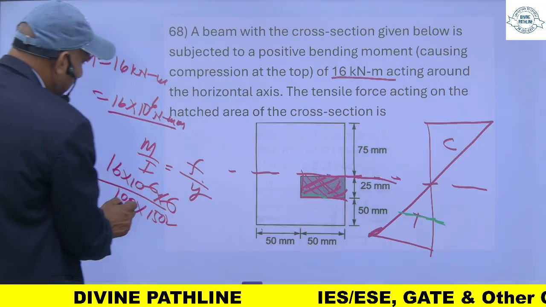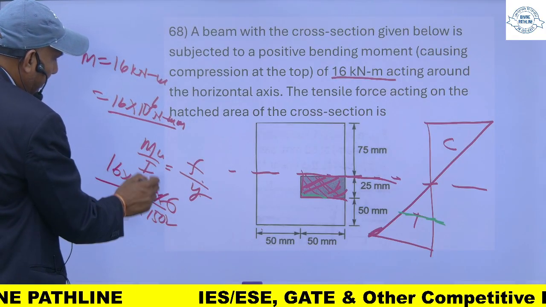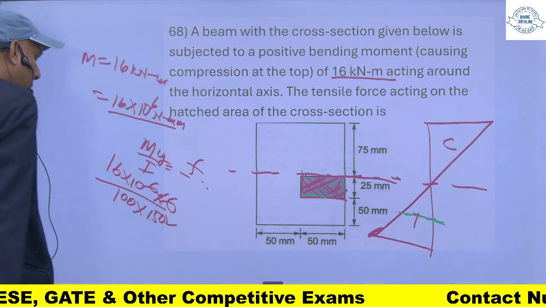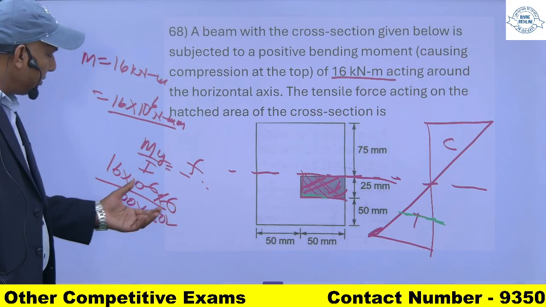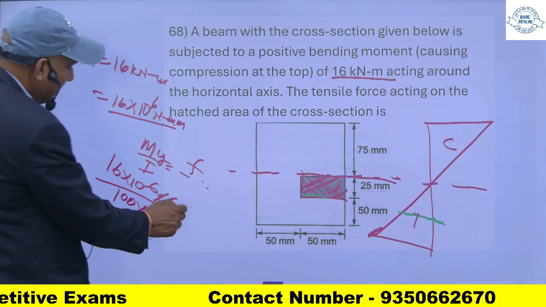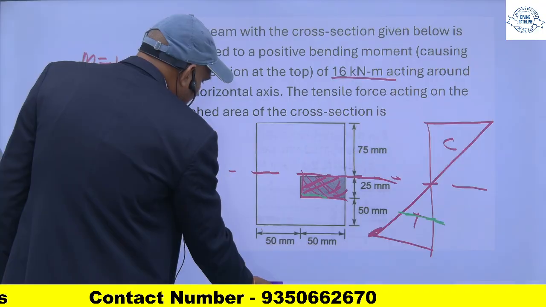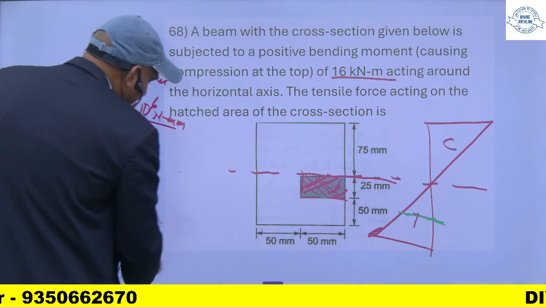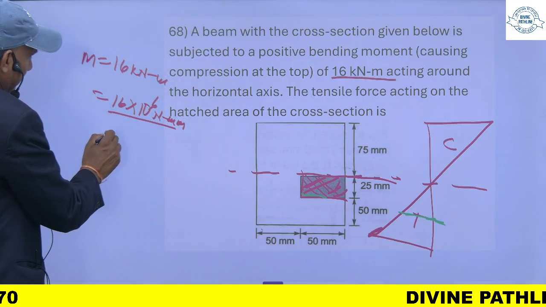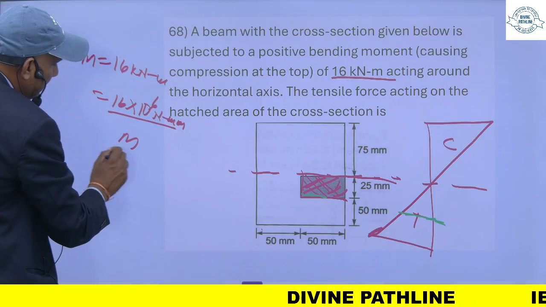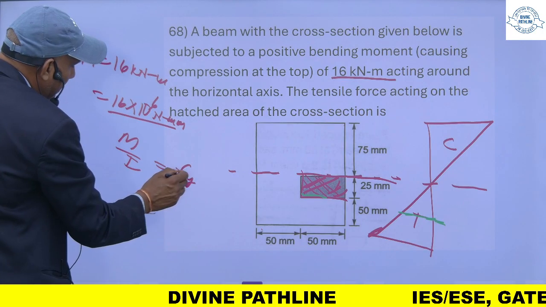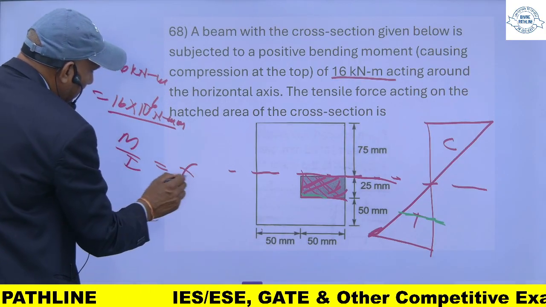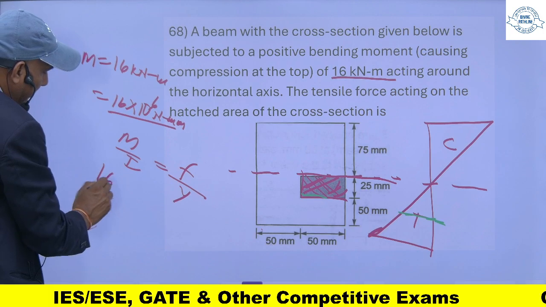I upon Y. F will be M upon I into Y. So this will be BD square by 6, and you will get the bending stress. So M upon I is equal to F upon Y. M is equal to this one.